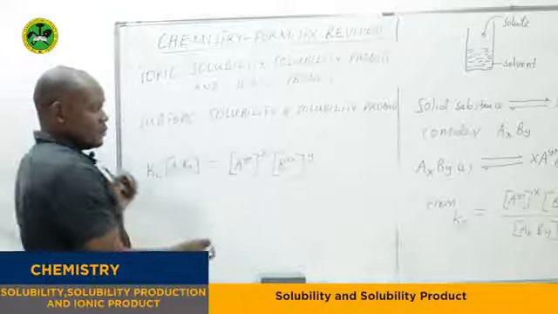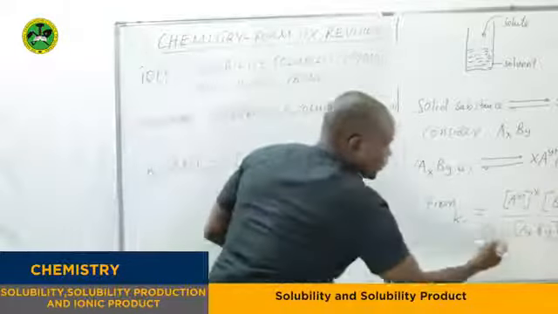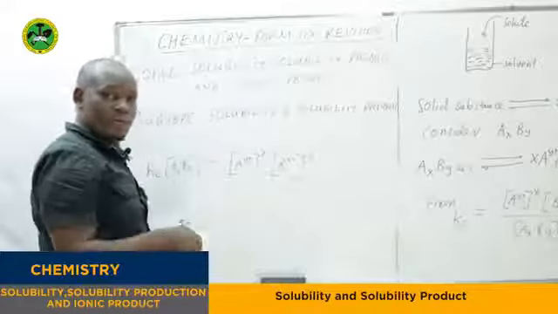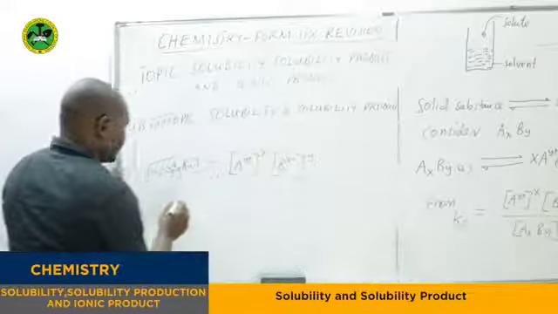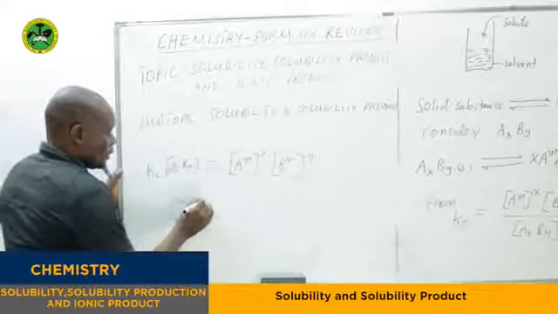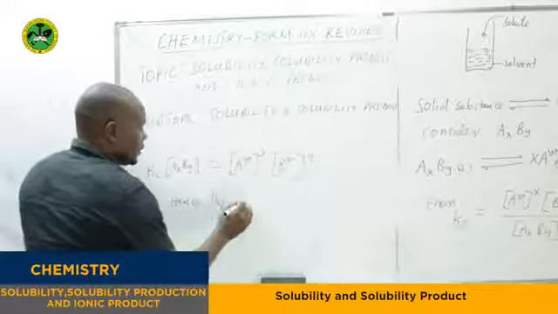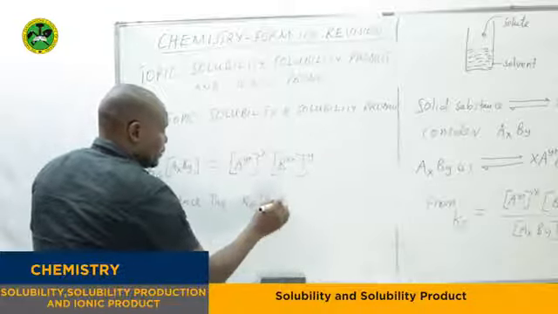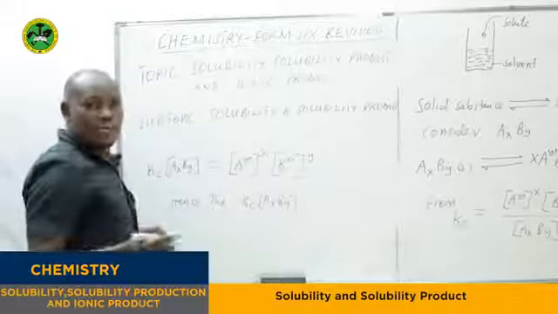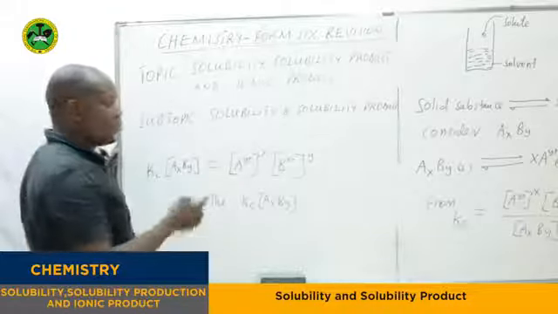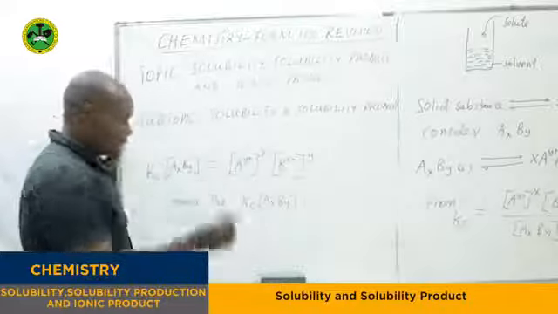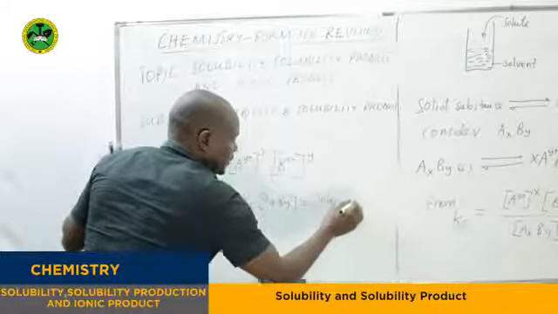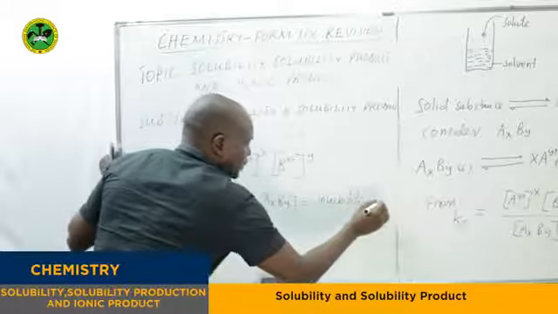Since the concentration of the solid substance is negligible, or very small, we neglect it. Then Kc times the concentration of AxBy gives us another constant, which is known as the solubility product. So this is what we call the solubility product.